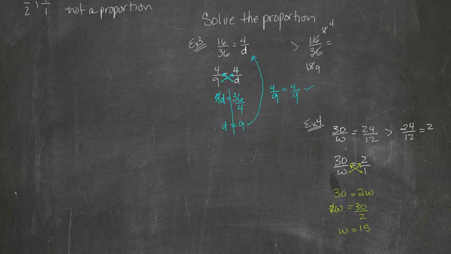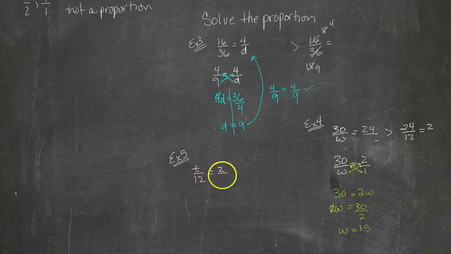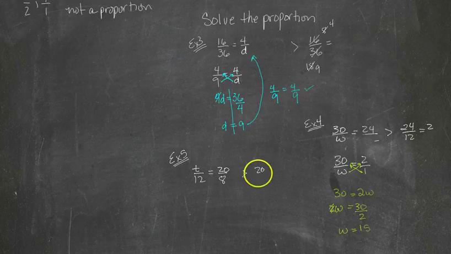Let's do one more example, and I have a specific point I'd like to make when I do. So let's do example 5. T over 12, I love when my variables are already in the numerator, equals 20 over 8. Let's reduce our 20 over 8.